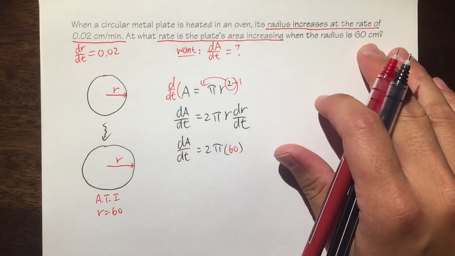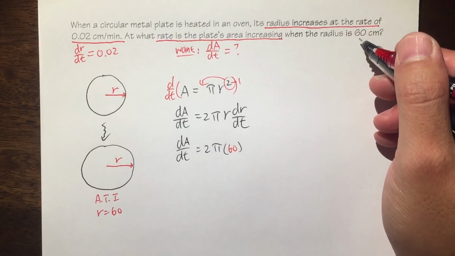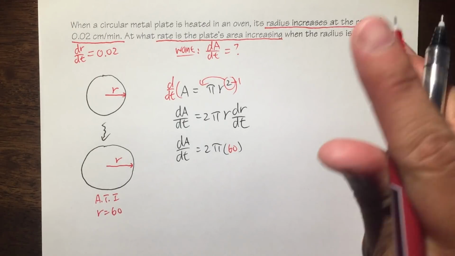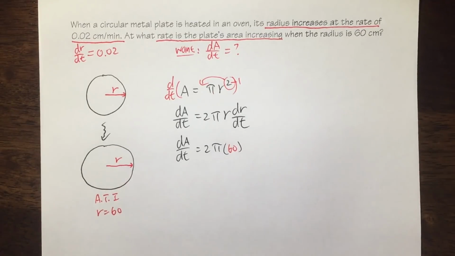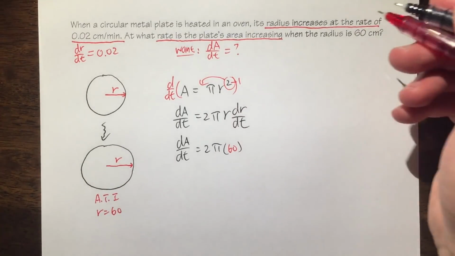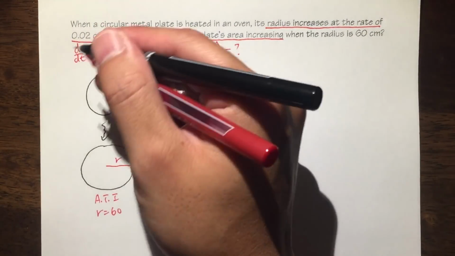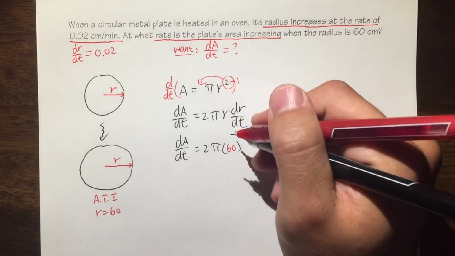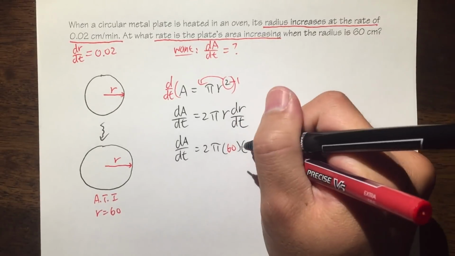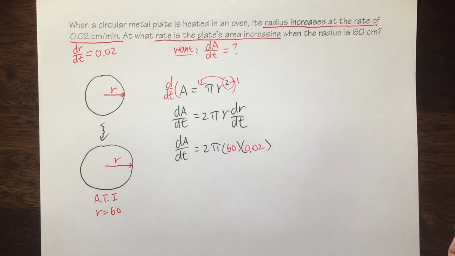So you really have to pay attention to the question right here. It says the radius is 60 centimeters at that instant, so use this right here. And for the dr dt, the radius is increasing at the rate of 0.02, right? So that's the constant rate for r. We just have to plug that in, 0.02. And that's pretty much it.